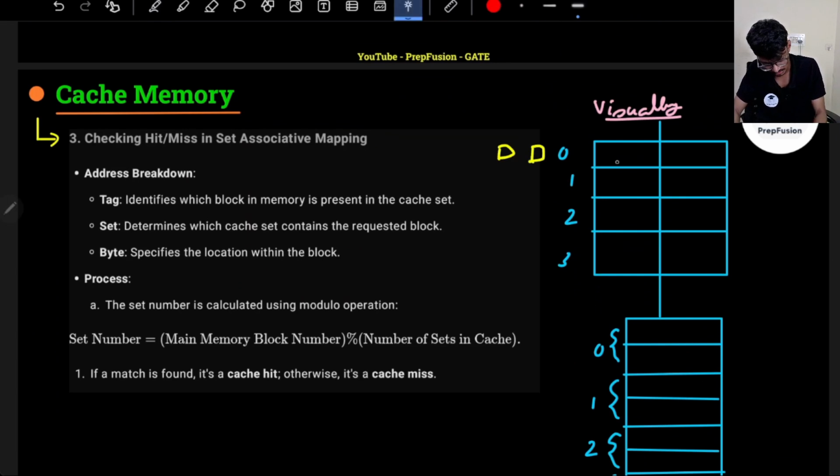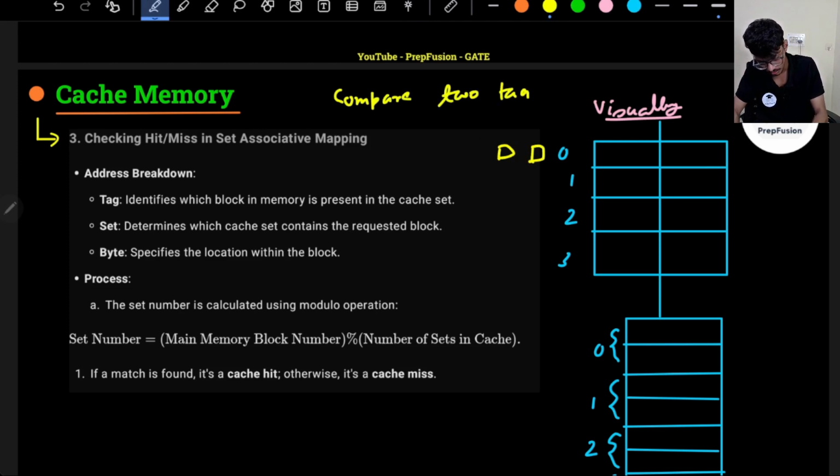So for this block, let's say this is the tag, and for this block this is the tag. So I have to compare two tags. So I will need double the comparator. Whatever comparator I required previously, I will need double the comparator. Also I will need two muxes. Why will I need two muxes?